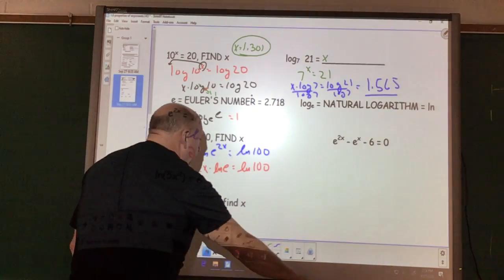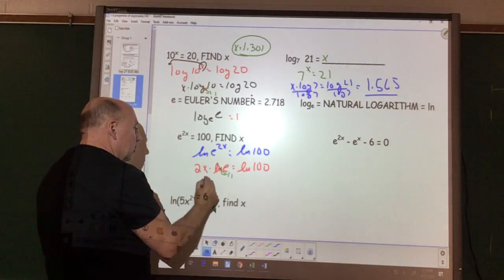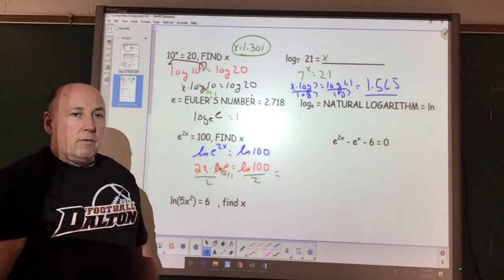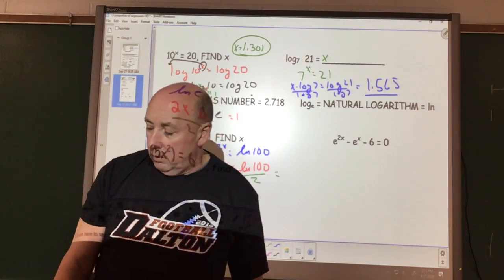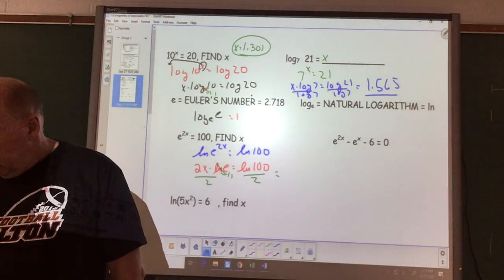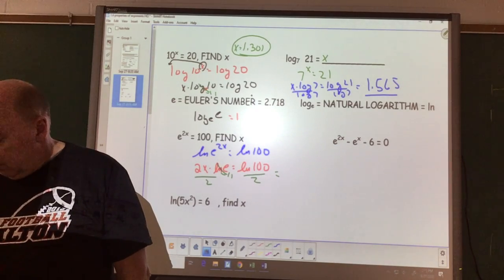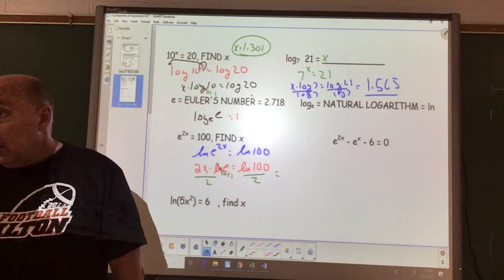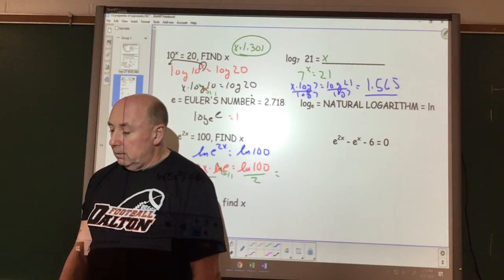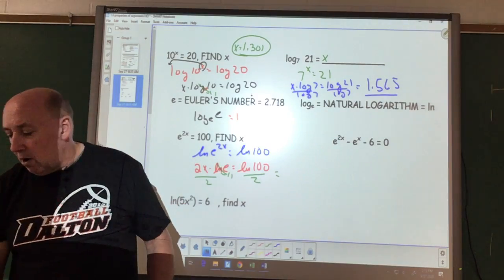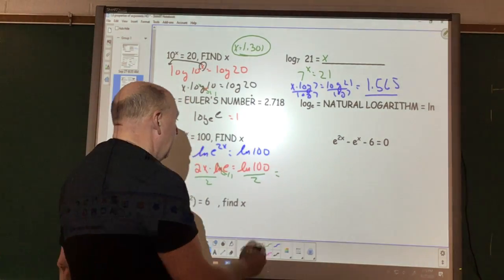So this will go to a value of 1 here. So we can divide by 2, divide by 2. So we have natural log of 100 divided by 2. Brandon, what did you come up with over there? That's correct, 2.303.